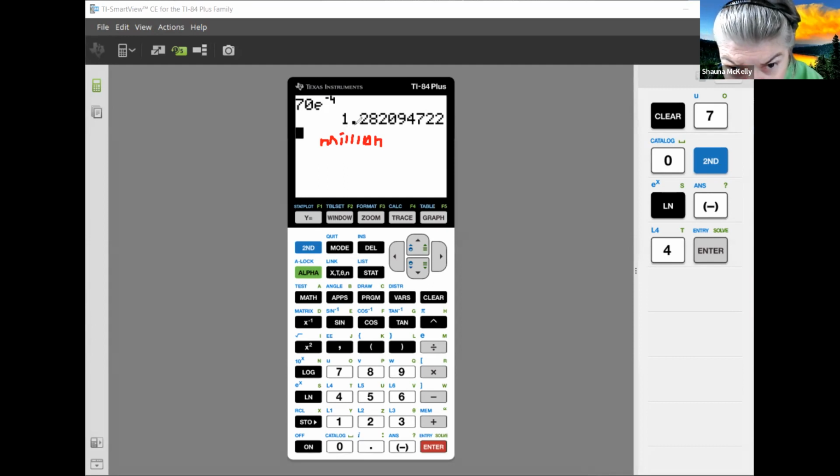So what we have to do to get dollars, the easiest thing to do is to multiply this number by 1,000,000, and you'll have the number you should enter because this is in millions. So go ahead and multiply here.